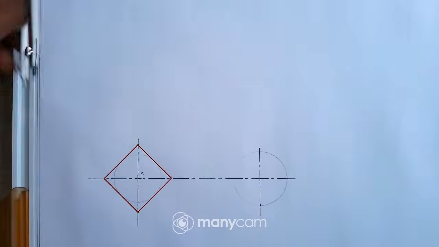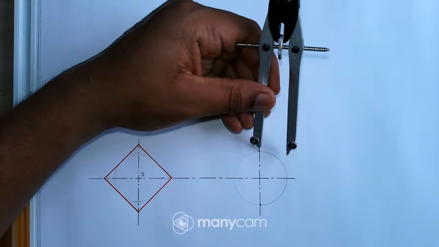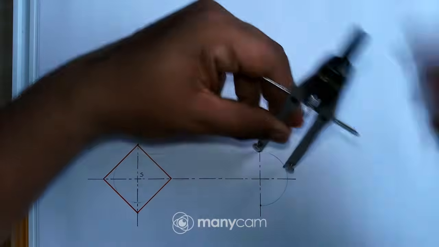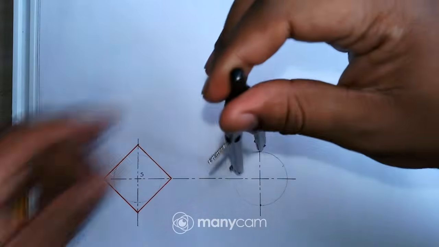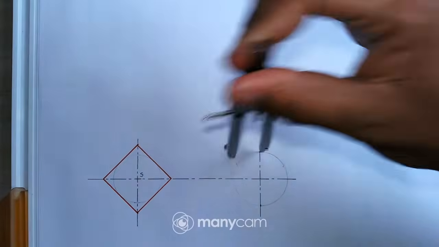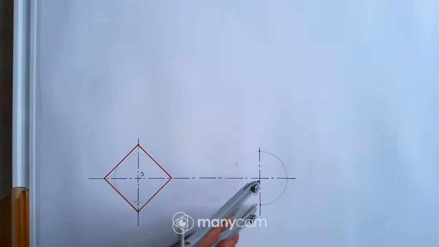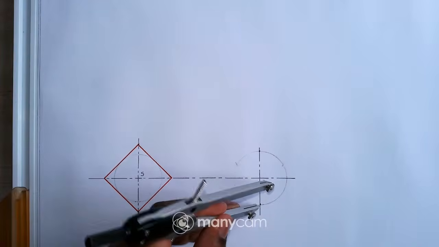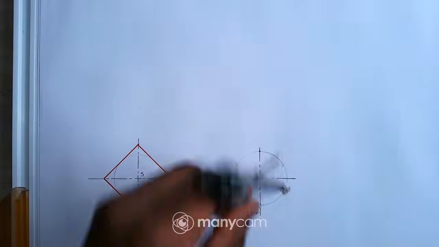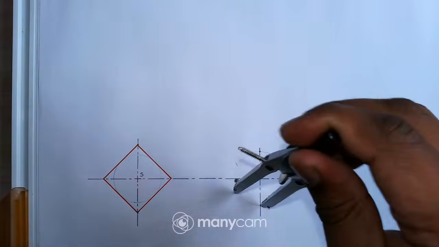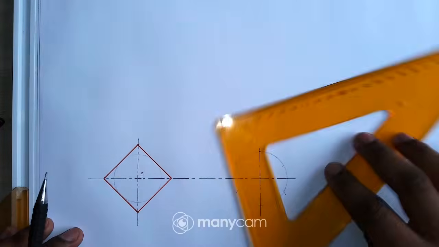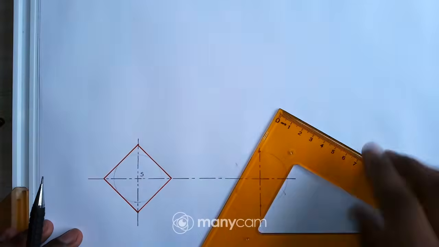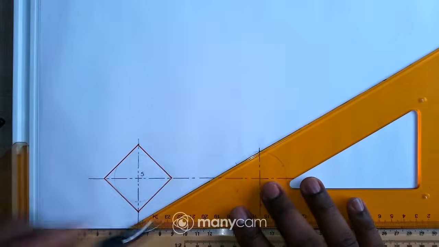So I'll put my compass on those 2 points. So I'll put my compass there, draw an arc there, draw an arc this side, right? Then put my compass on this point down here, do the same thing, arc this side, arc on the other side. Okay, then now I can just connect my points there.